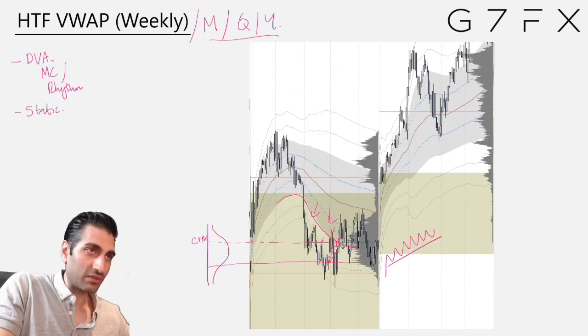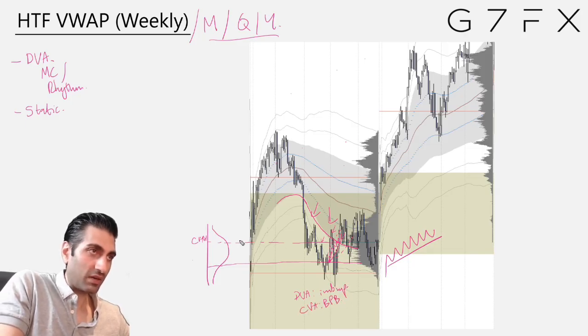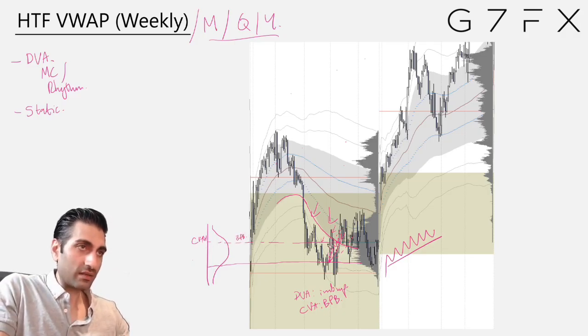Terrible drawing, but you get the picture. That's going to be your VWAP. That's your standard deviation bands, right? So your thesis is going to be DVA, imbalance up, CVA, yep, breakout, pullback above what? This line, right here. And look what's going to happen. You're going straight into the normal trend.